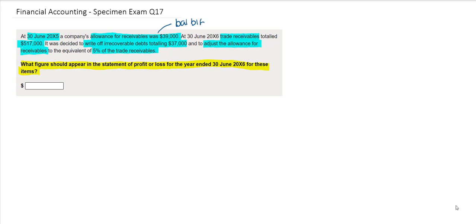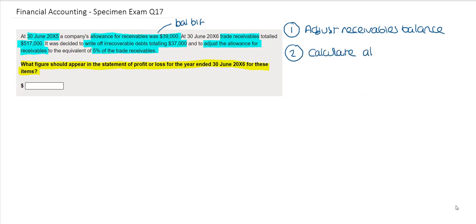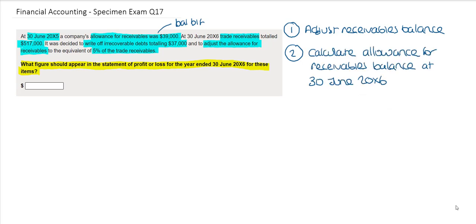The first thing we should do is adjust for the receivables balance. Once we've done that, we are then in a position to be able to calculate the closing allowance for receivables balance at the 30th of June 20x6. Our third step will then be to make the adjustment to the allowance for receivables to ensure the closing balance is what we have calculated in our second step.